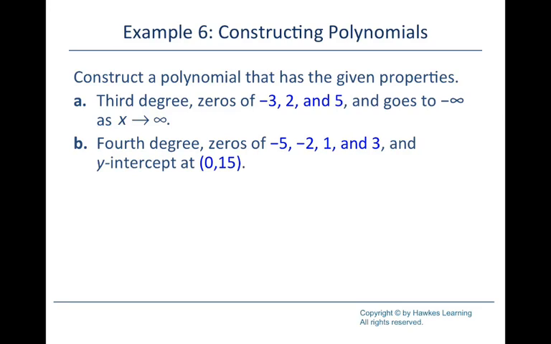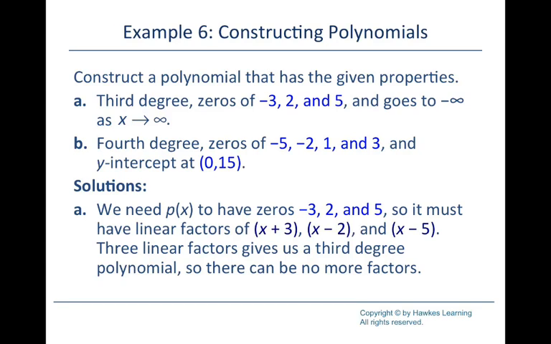So that means it's got a negative coefficient in front, and it has zeros of negative 3, 2, and 5. Then b is a fourth degree polynomial, and we're given the 4 zeros, and it has a y-intercept at 0, 15.